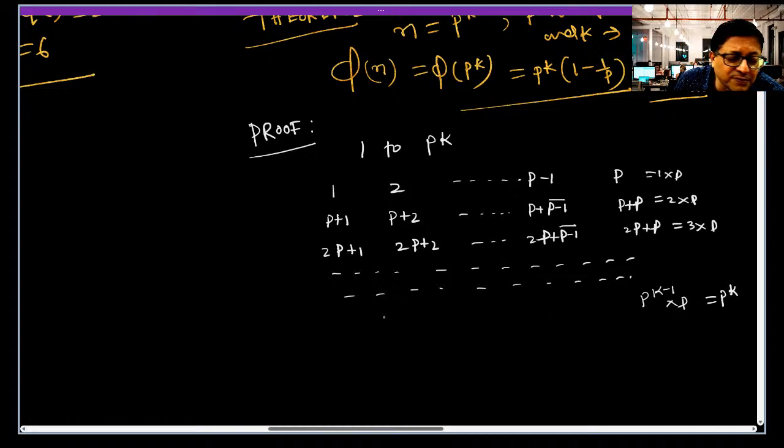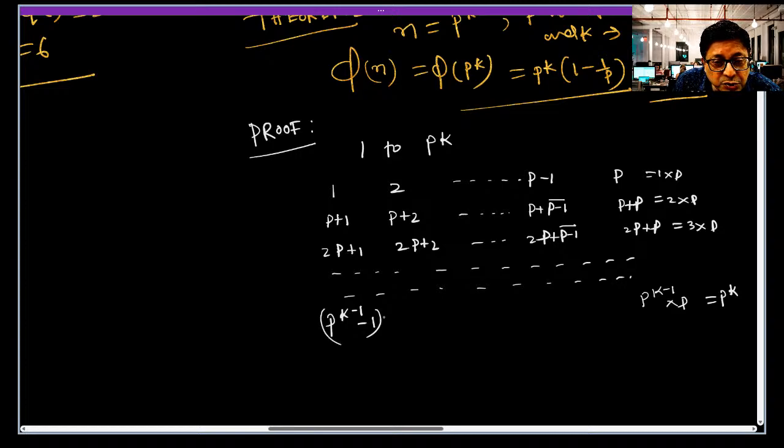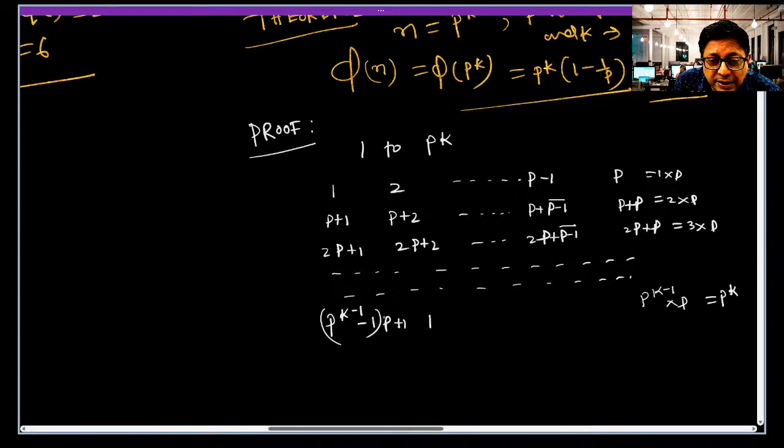So where does it start from? It will start from (p^(k-1) minus 1) into p plus 1, then (p^(k-1) minus 1) into p plus 2.